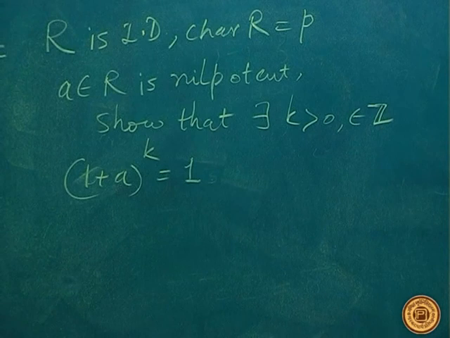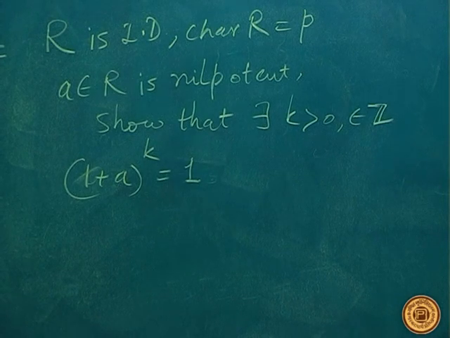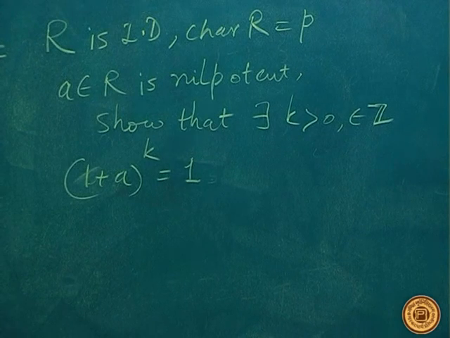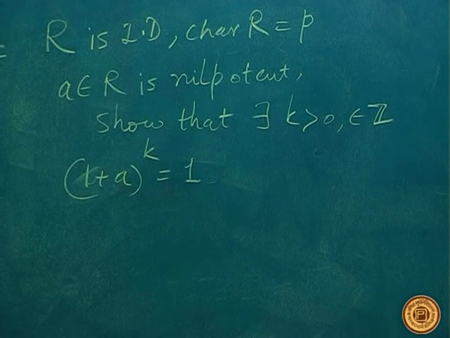I have a little problem with this problem. If R is an integral domain, it will not have zero divisors. How can a be nilpotent? Seems to be a little problem there.